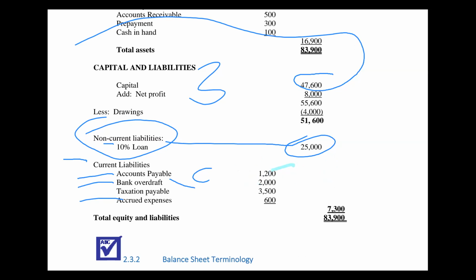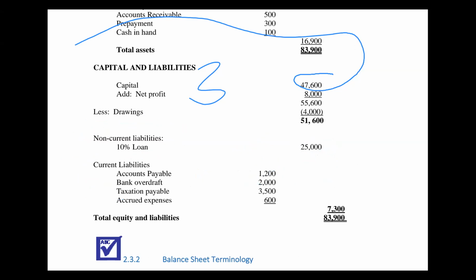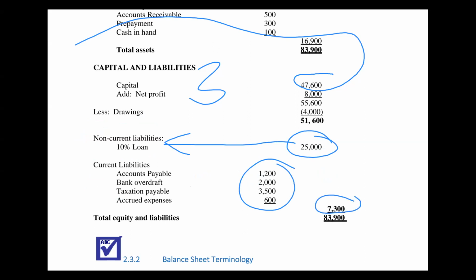So what you do from here, you add all the current liabilities and then add them to the long-term or the non-current liabilities. The sum of the current liabilities is 7,300. You just add these two and you have this amount that is total equity and liability.